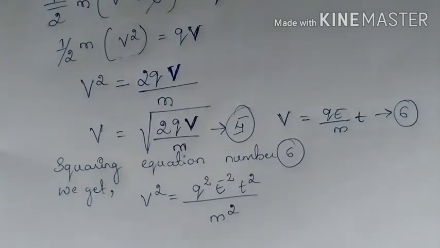Now we know that kinetic energy is half m v square. Here m is the mass of the particle and v is the velocity of the particle.